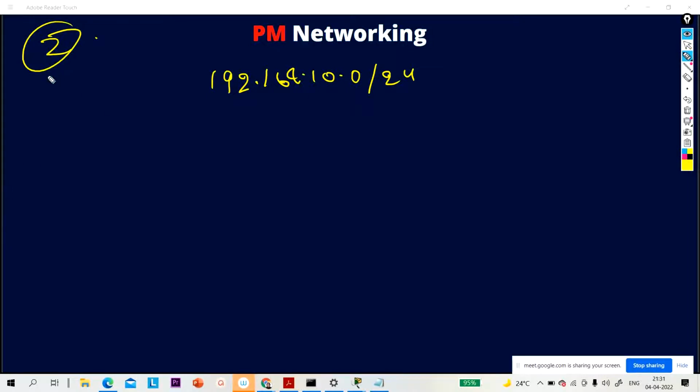So formula to find the number of networks is 2 to the power n, where n is the number of network bits, that is, the bits which you borrow from the neighbor host bits.